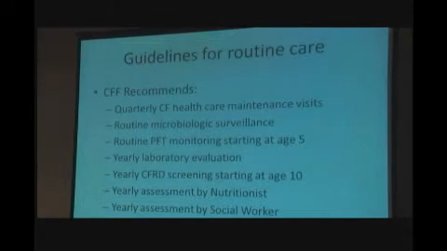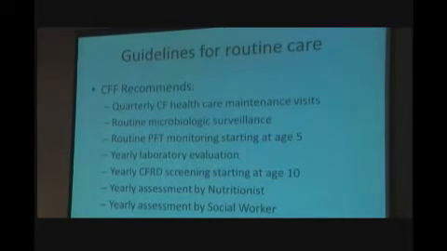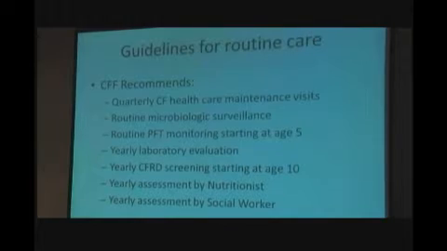Now, these are the health outcomes, but the CFF is also paying very close attention, and we are all paying very close attention, to what we call process outcomes, meaning are people getting the care that we know gives the best results. One of the things tracked is how frequently people are coming to clinic, and the current recommendation is that kids with CF should come to clinic at least 4 times a year.